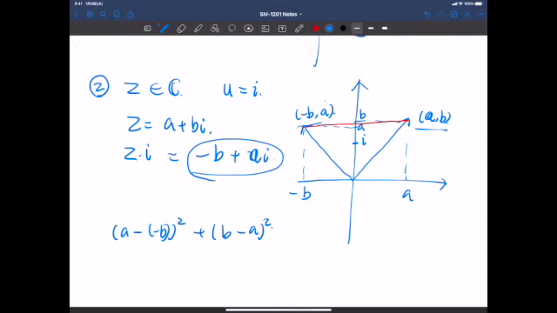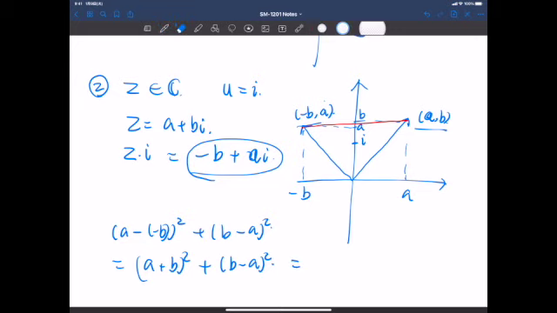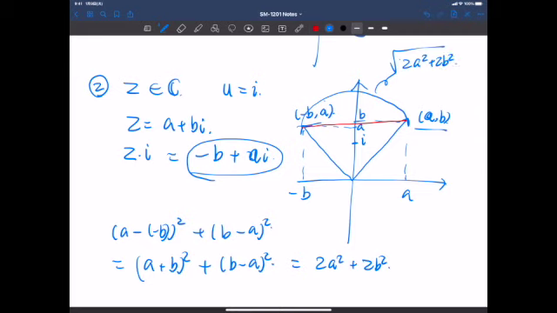Actually, this is distance squared. So that is a plus b squared and b minus a squared. If you calculate this, we have 2a squared plus 2b squared. So the distance here is the square root of 2a squared plus 2b squared.